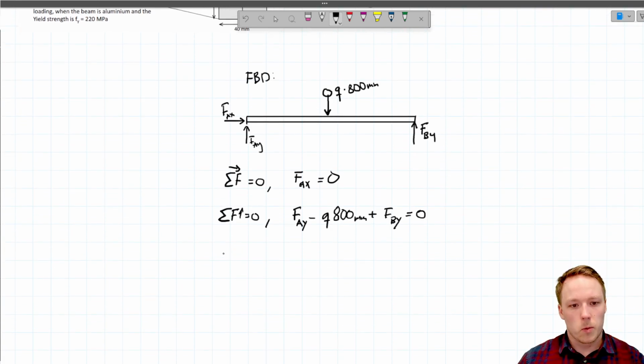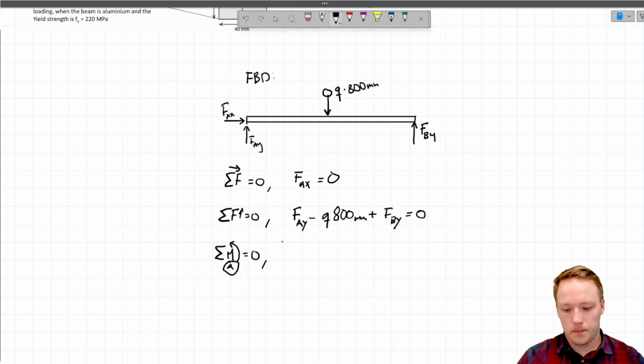And finally we have sum of all the moments must be 0. In this task I will do this around point A. So point A is this left hand side here.